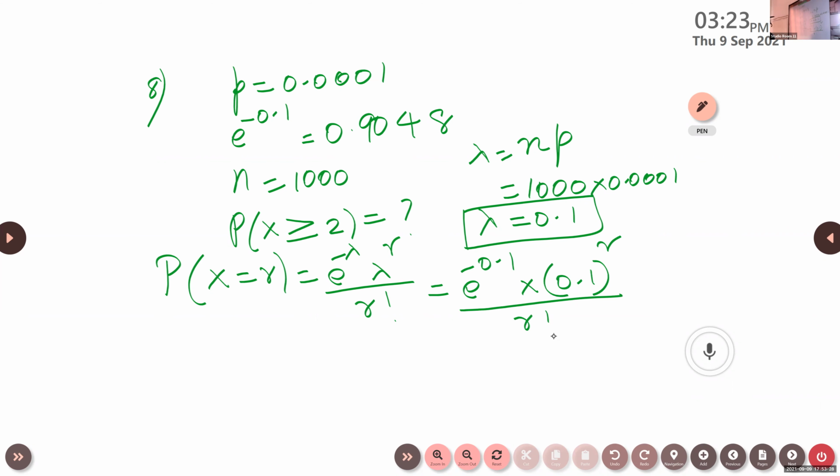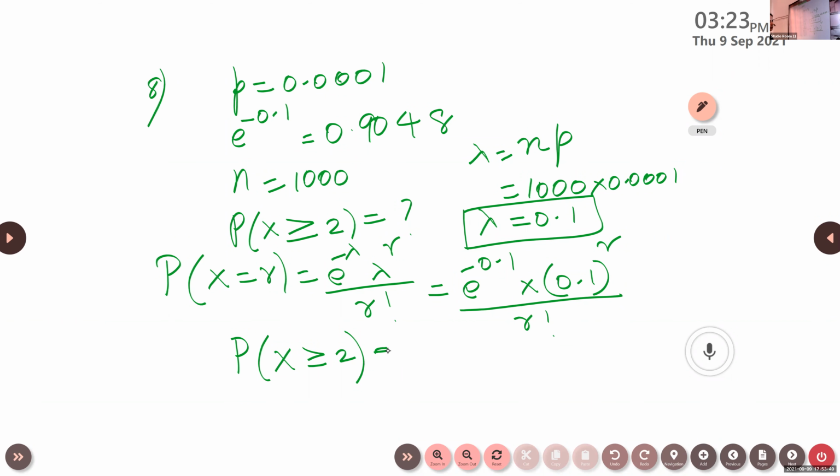Now listen, children, here we are asked to find x greater than or equal to 2. Greater than or equal to 2 means the value goes on infinitely; it may be 3, 4, 5 and so on. So what we learned yesterday: how will you calculate this?